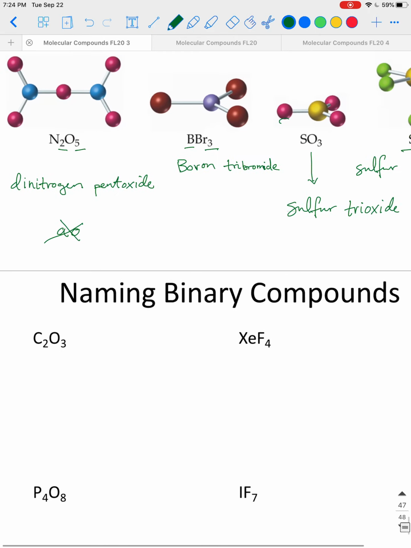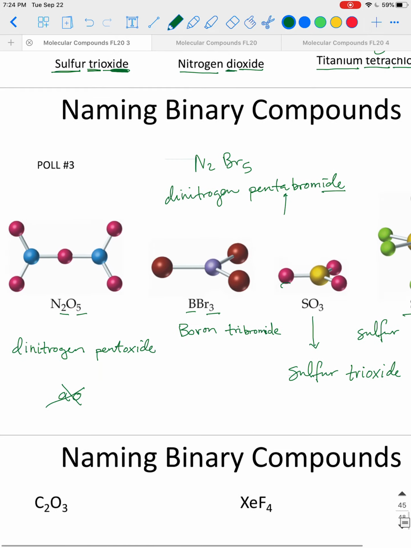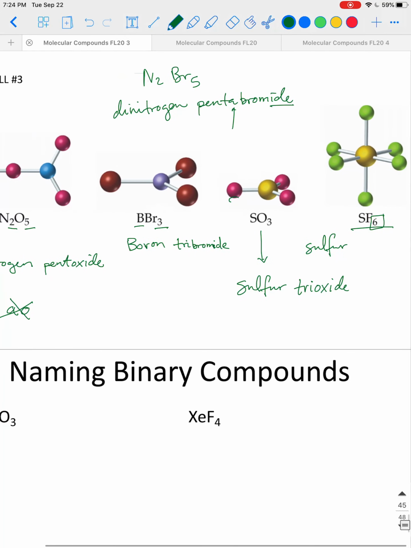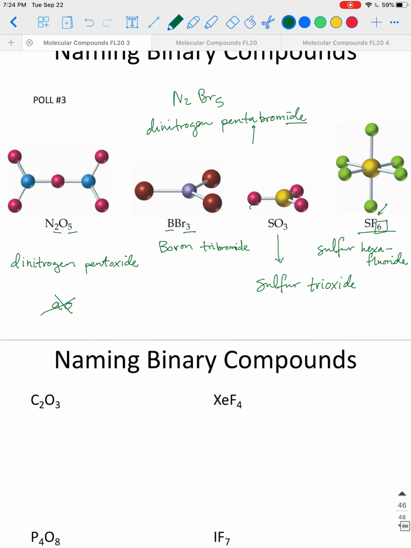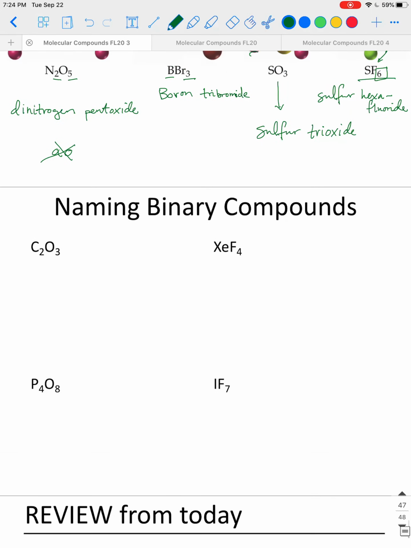What is the prefix for 6? 6 is hexa. And this element here, fluorine, does not start with a vowel, so we can keep the A. So it'd be hexafluoride. Sulfur hexafluoride. Okay, so let's practice just a few more, and that concludes this video.